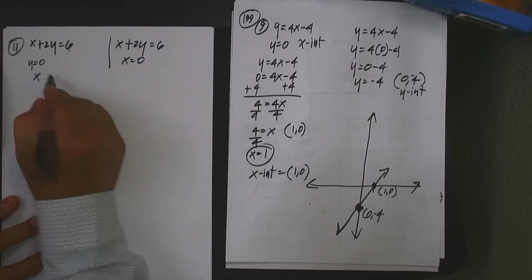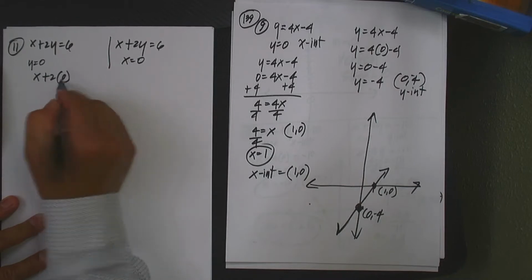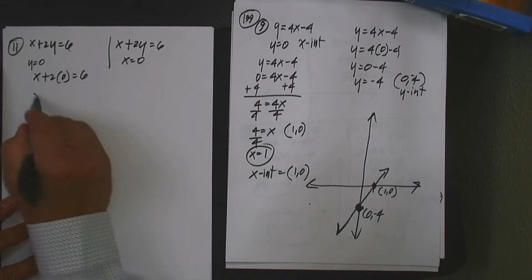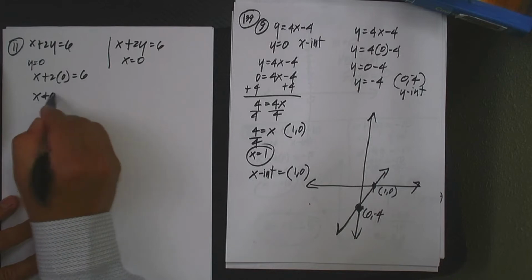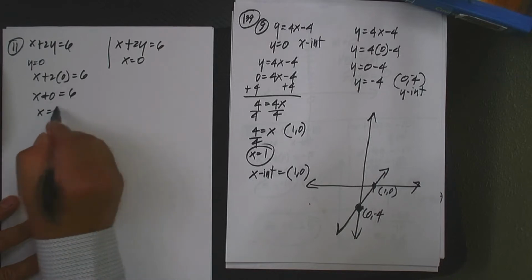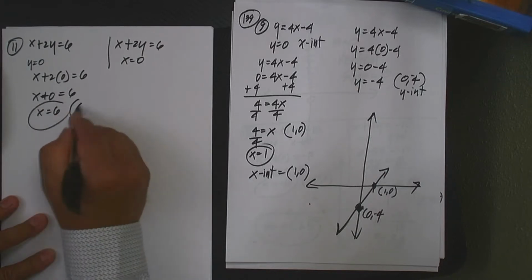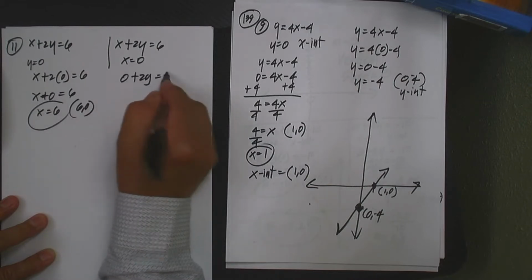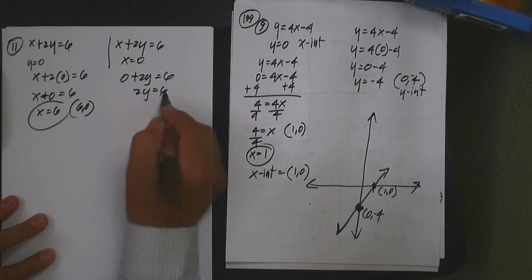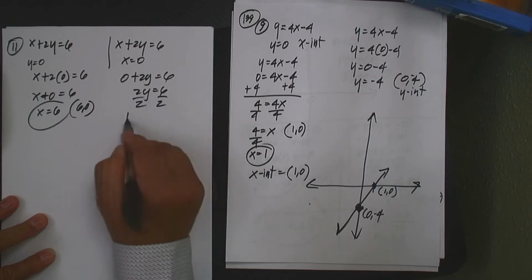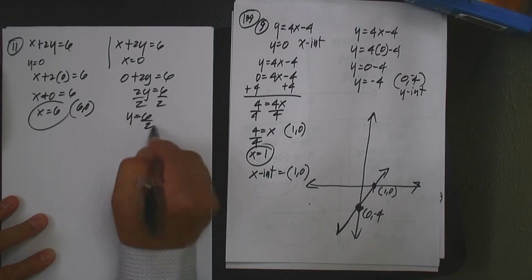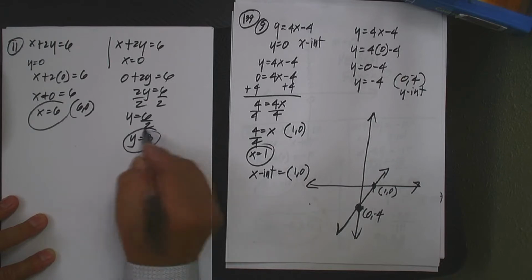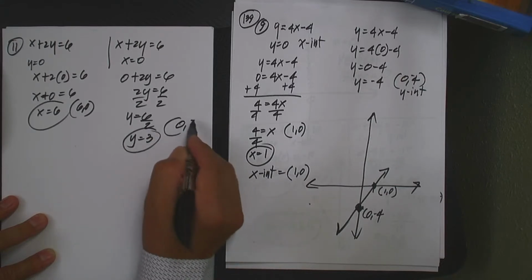So you have x plus 2 times 0 equals 6, so x plus 0 equals 6, so x equals 6, or you have 6 and 0. Here you have 0 plus 2y equals 6, so 2y equals 6. Divide by 2 on both sides, so y equals 6 over 2, y equals 3. So the coordinate is 0 and 3.